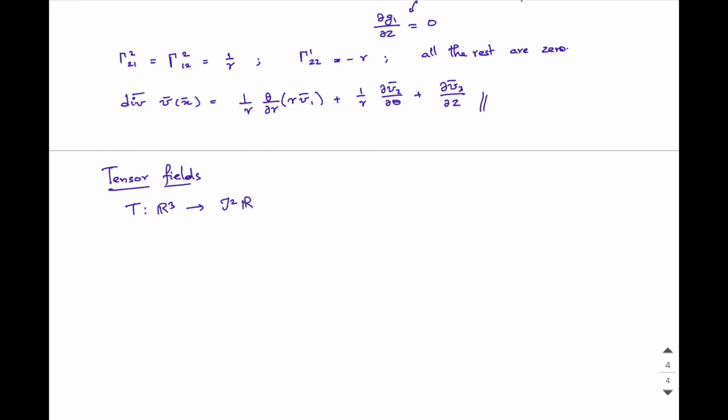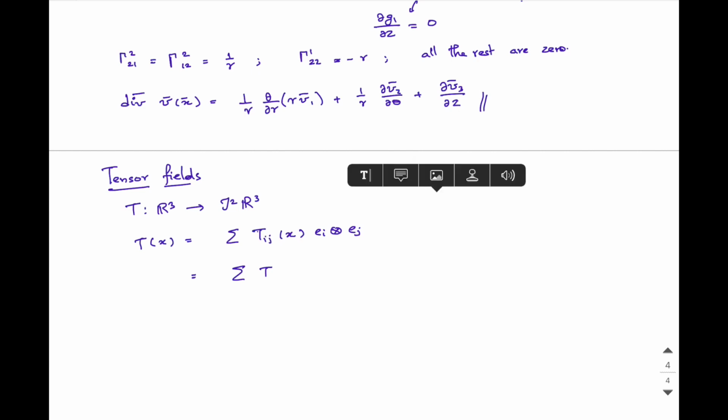So at each point I have a second order tensor which eats two tangent vectors and gives me back a real number. In terms of the Cartesian representation, this would have an expression as follows. T of x is going to be the summation of t bar ij of x, e i tensor product e j, whereas with respect to a general coordinate system, there's no bar over here.